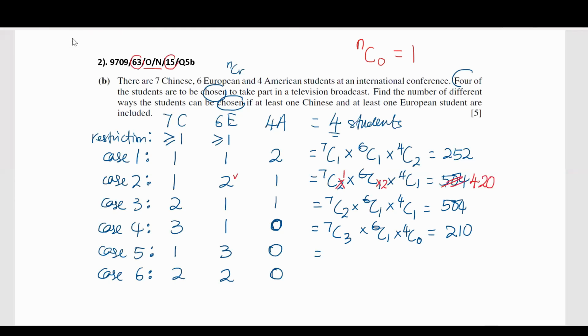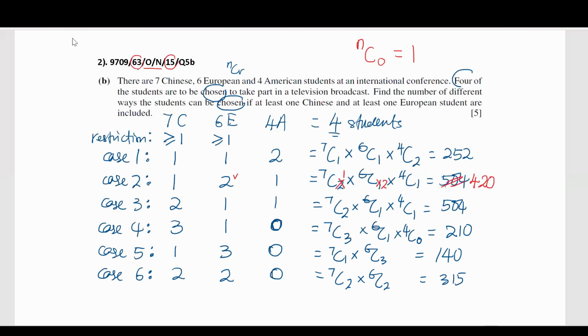All right, so we continue: 7C1, 6C3, and 4C0 is going to be 1, so I do not write it down. And the number of ways is 140. Then 7C2 and 6C2. And again, 4C0 is 1. And the number of ways will be 315.